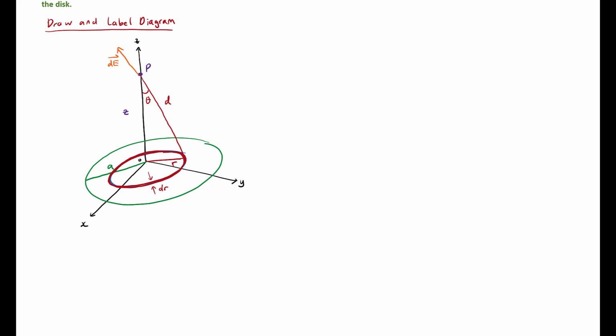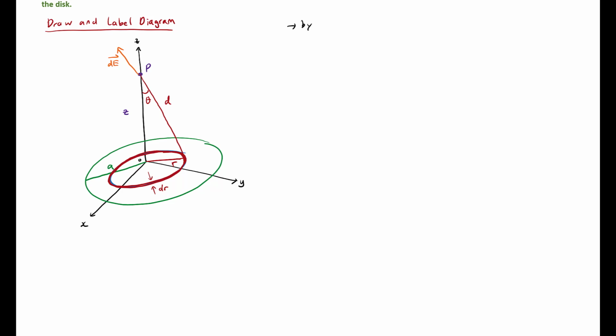So then what kind of information can we get from this? First of all, let's always take a look at symmetry. So with this diagram here, I know that the contributions from the x and y direction are going to cancel out. So there's an equal amount of contribution from the positive and negative sides of the x-axis, and similarly with the y-axis.